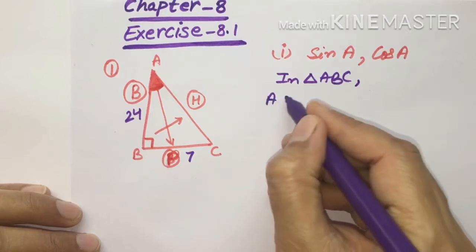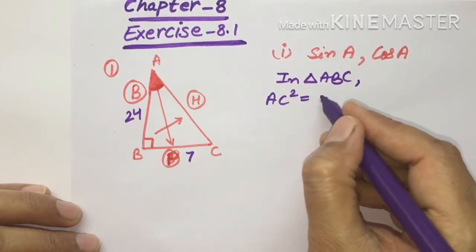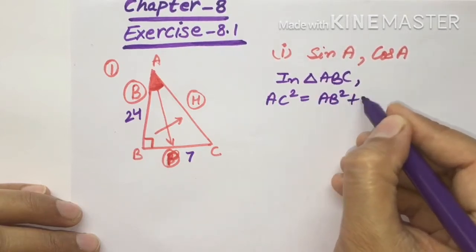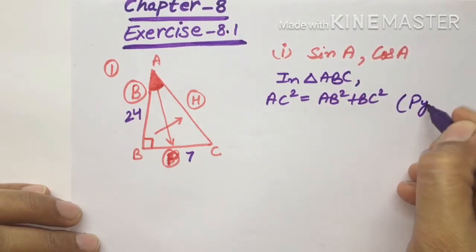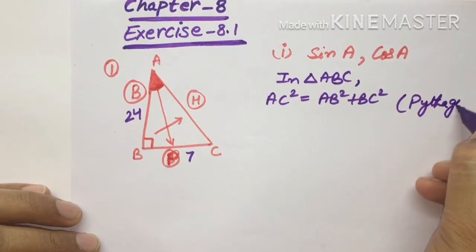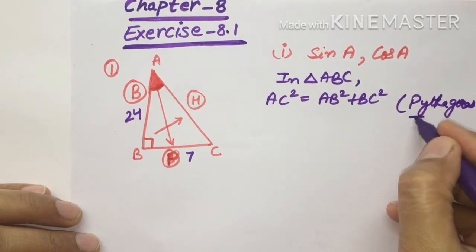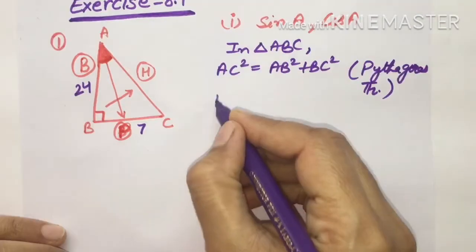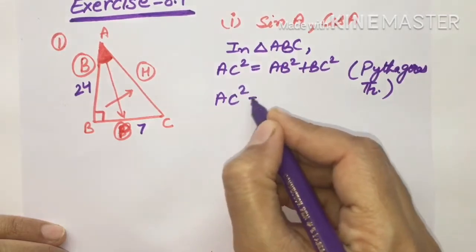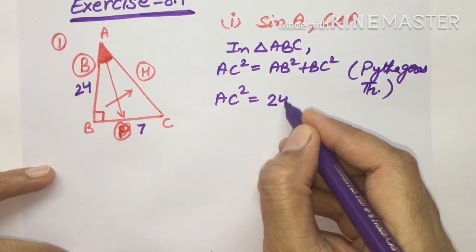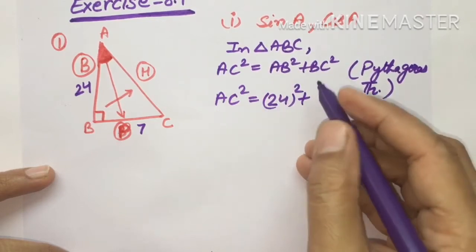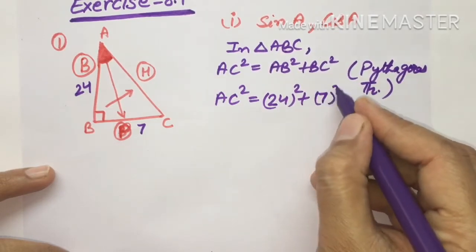According to Pythagoras theorem, AC square is equal to AB square plus BC square. So AC square is equal to 24 square plus 7 square.